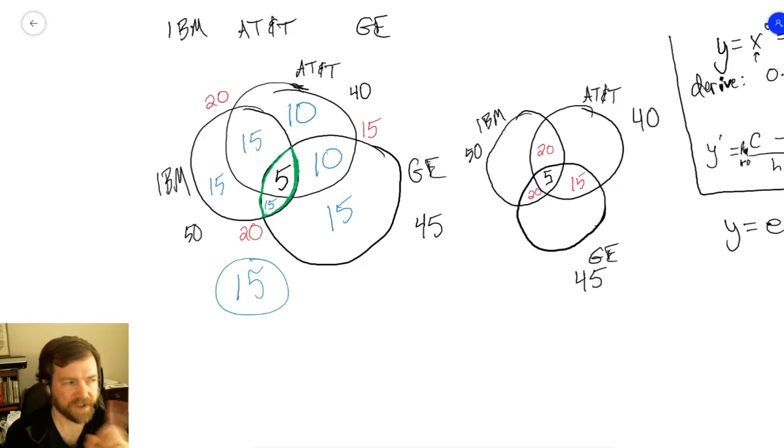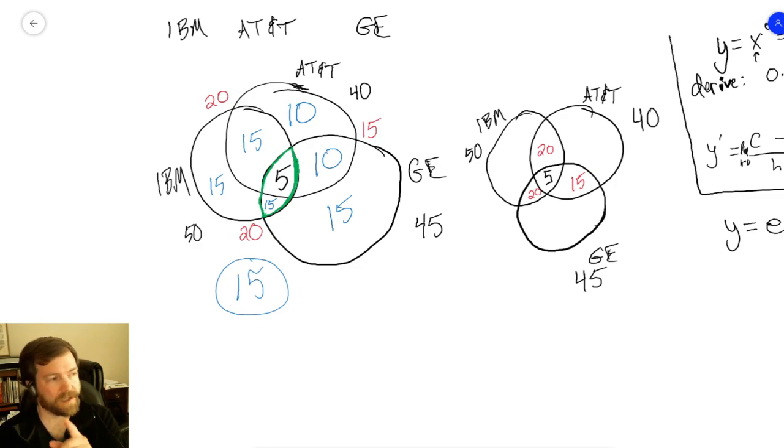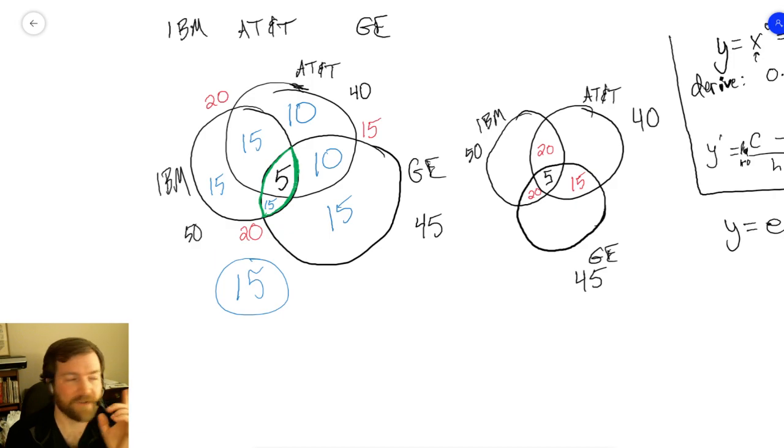Okay, so let's try it. If the intersections that we put on the outside before, just as placeholders, that counted for both of these sections, the intersection of the two things, were instead exclusively the intersecting parts of just IBM and AT&T and not all three, then we put them in as 20, 15 here.